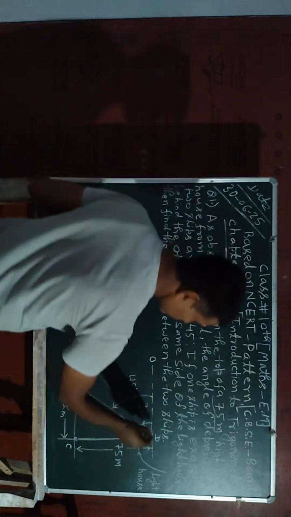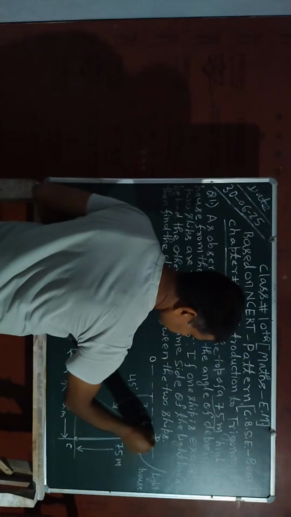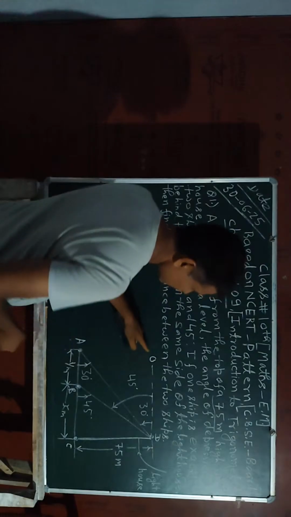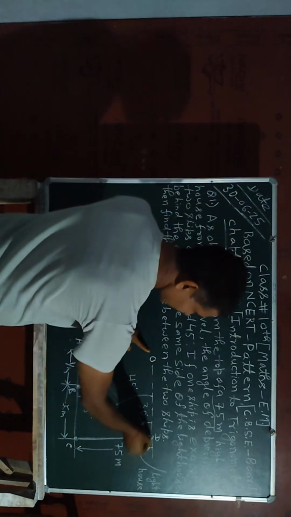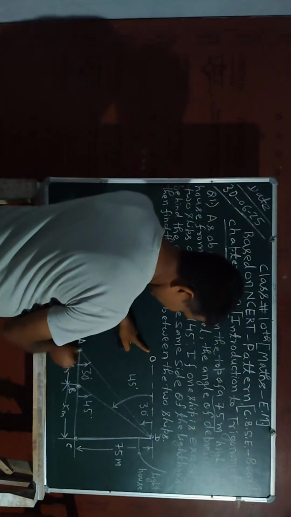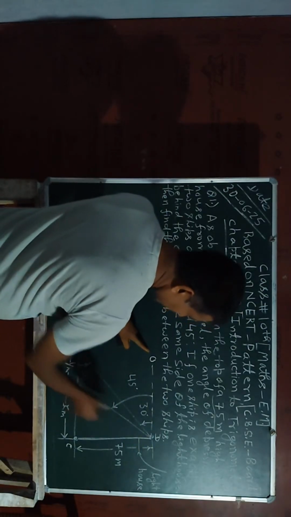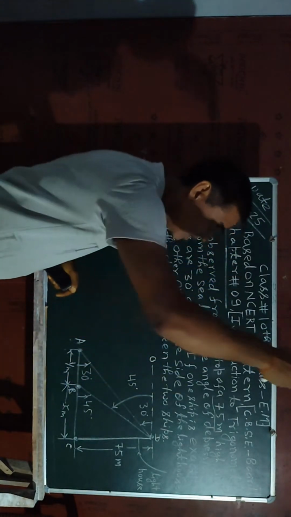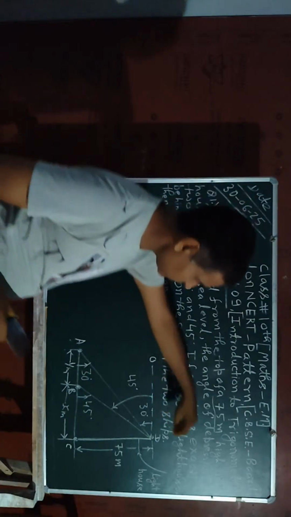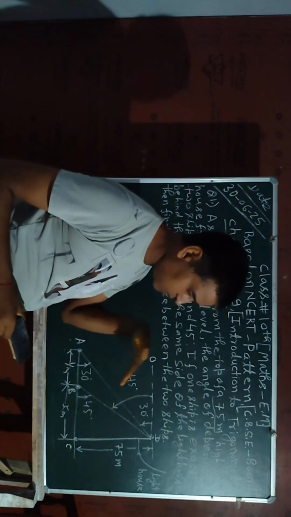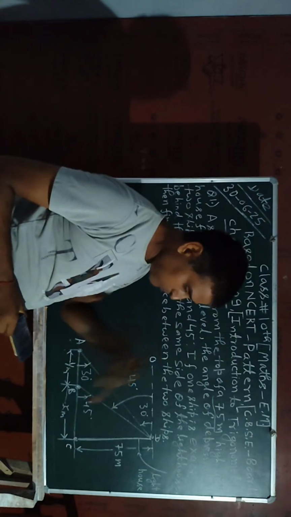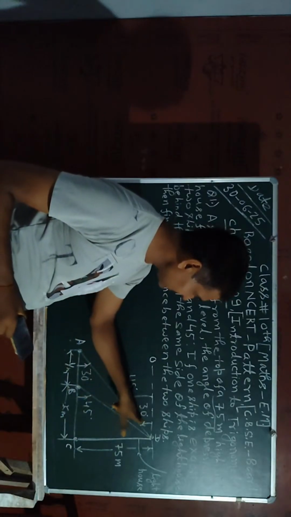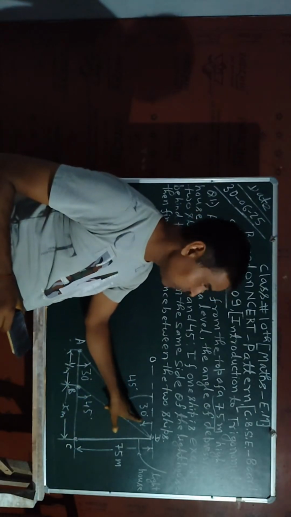One person is sitting at the point D, observing, and from the point D he is looking at the point A and also at the point B. Now the angle of depression: when an observer looks from a point to a point downside of the observer, that angle is known as the angle of depression.